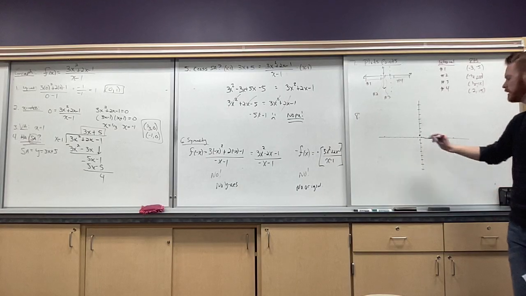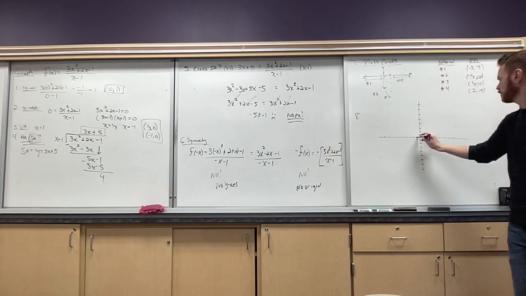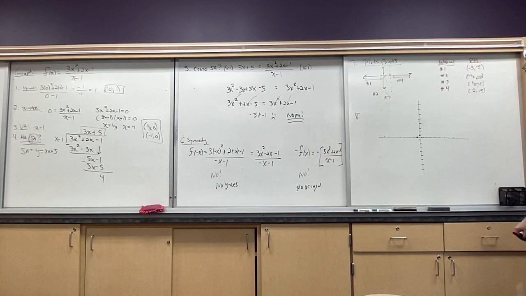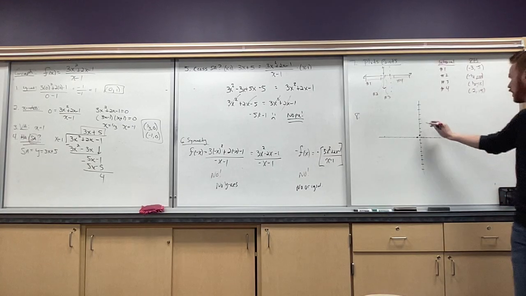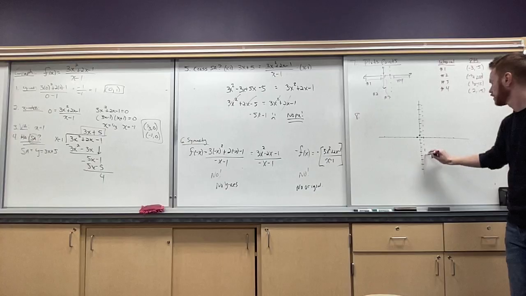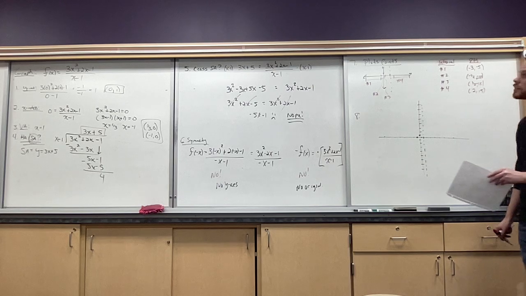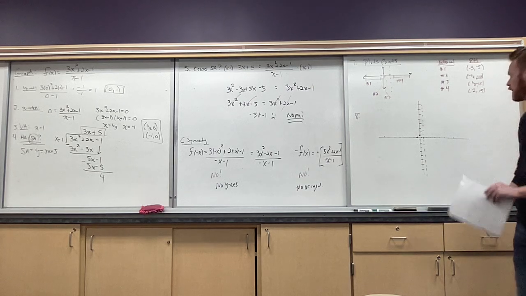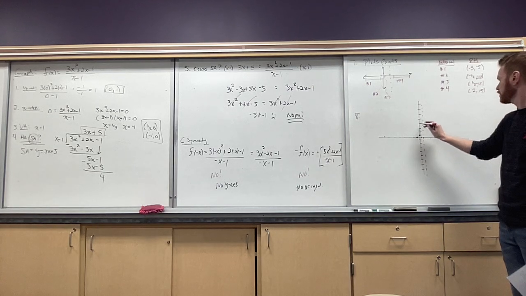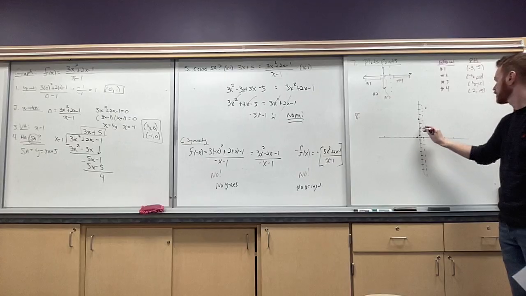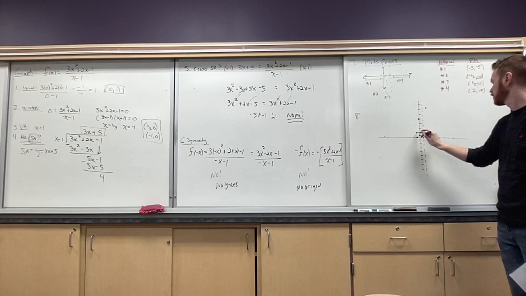X-intercepts, so roughly here, and negative 1, 0. The VA was 1, so let me just draw a dotted line at 1. That's where it just can't cross. Now let's graph the SA, 3x plus 5. So 1, 2, 3, 4, 5. There we go. So up 3 to the right 1, down 3 to the left 1.